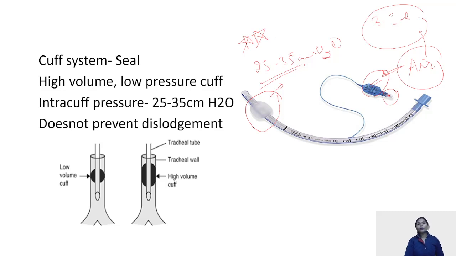See, when we talk about the cuff system, there are generally two types: low volume, high pressure, and high volume, low pressure. In our modern day ET tubes, these PVC tubes have high volume, low pressure, which means that the area of contact is very high. More the area, less is the pressure; they are inversely related.